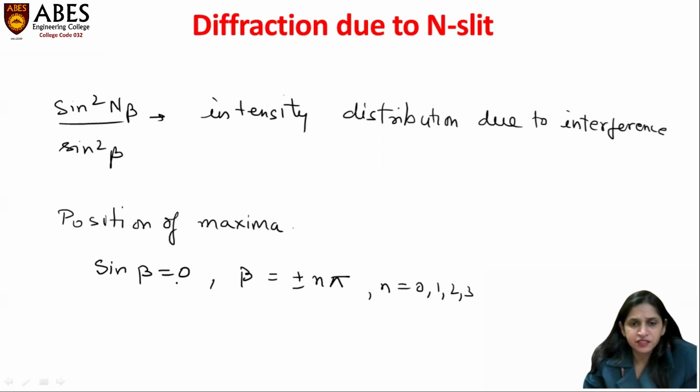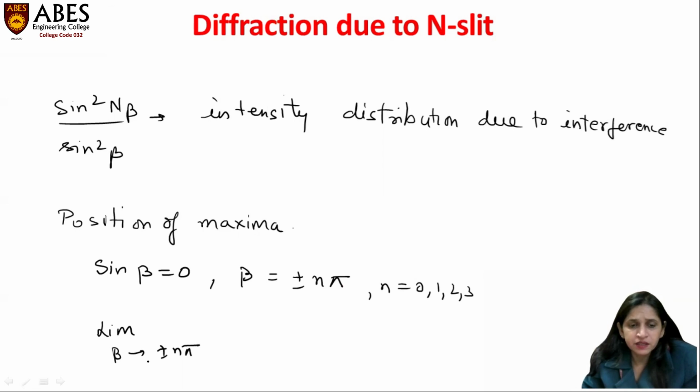Here beta is more important, and we take the limit as plus minus n pi. We are getting the positions at beta, but we also need to know the intensity of the principal maxima that are forming.